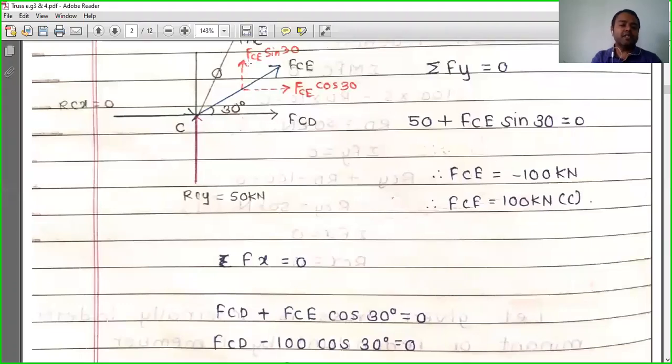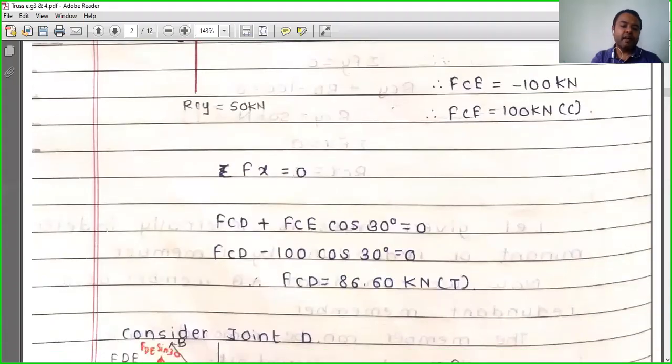And to this same diagram, we have applied summation Fx equal to 0. So that's why whatever answer we got first, put that along with the sign. So here we have got minus 100. So put FCE as minus 100 and get the value of FCD. So here FCD we are getting positive. Positive means our assumed direction is correct. Previously it was assumed tensile. Write that nature in a bracket.